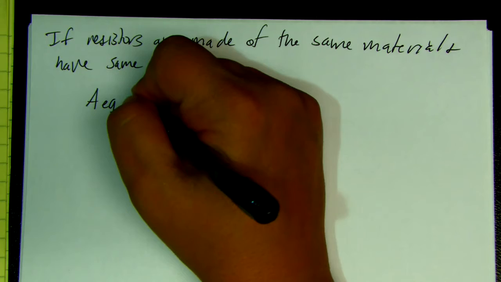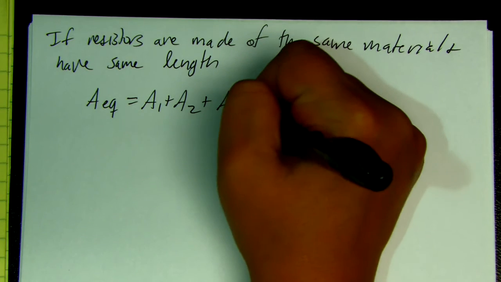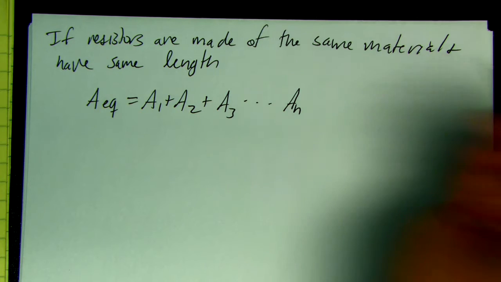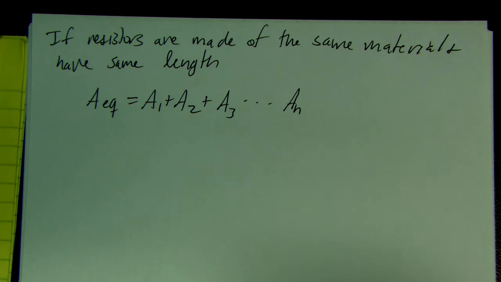So then you'd have R equivalent is equal to A1 plus A2 plus A3, dot dot dot, to AN, however many you have in parallel. Okay, so let's do an example.